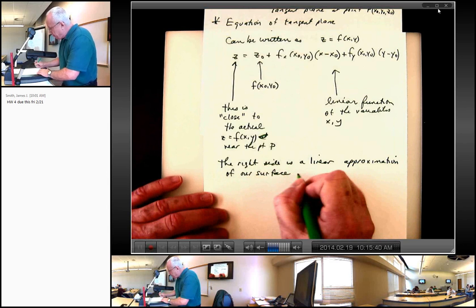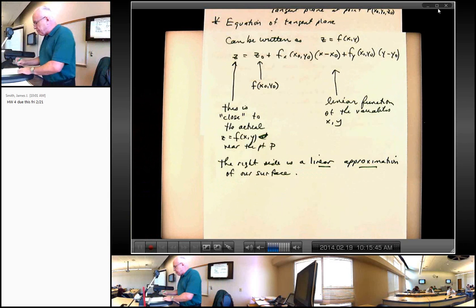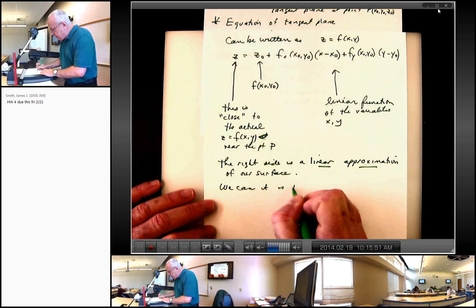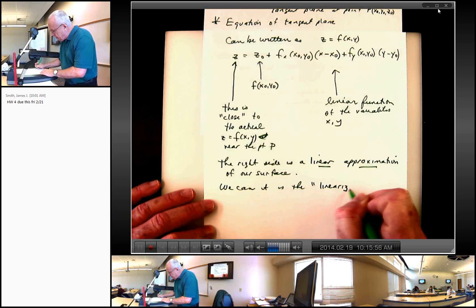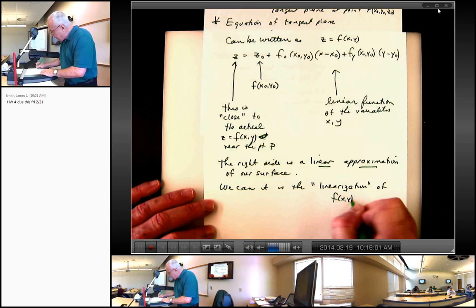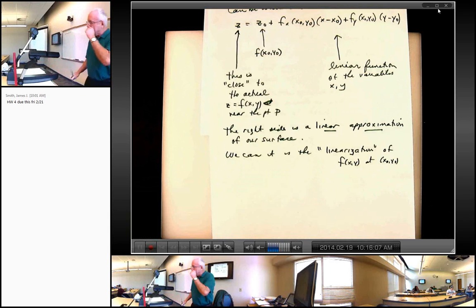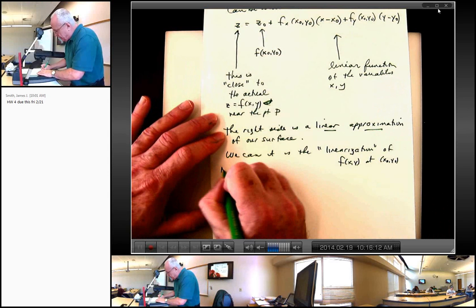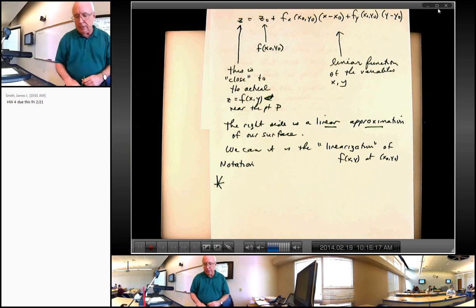And because it's a linear approximation, we can give it a couple different names. One name we can call it is the quote-unquote linearization of our surface, f of x, y, at the point x naught, y naught. In the book, we have notation for this, so I want to put an asterisk by this formula.